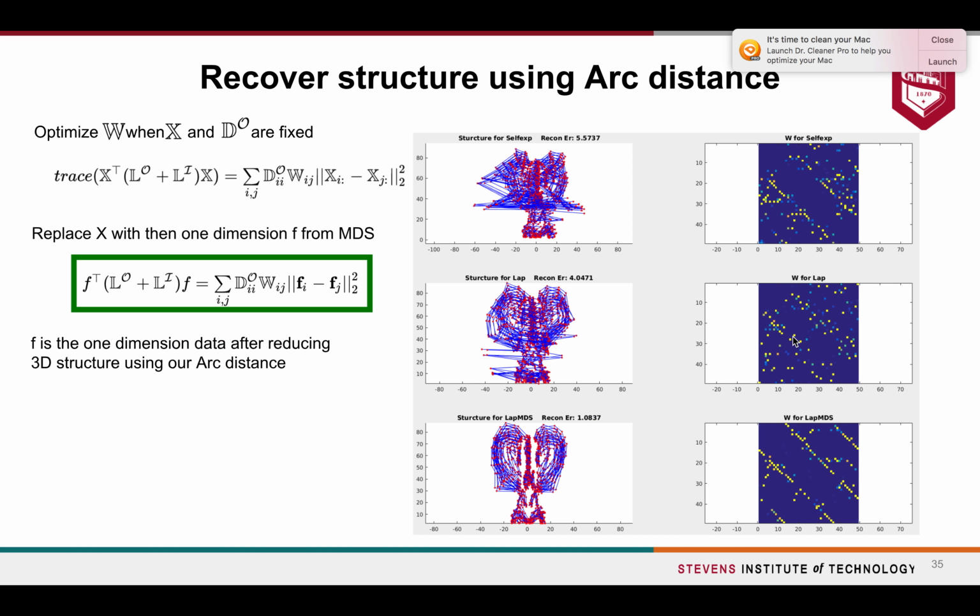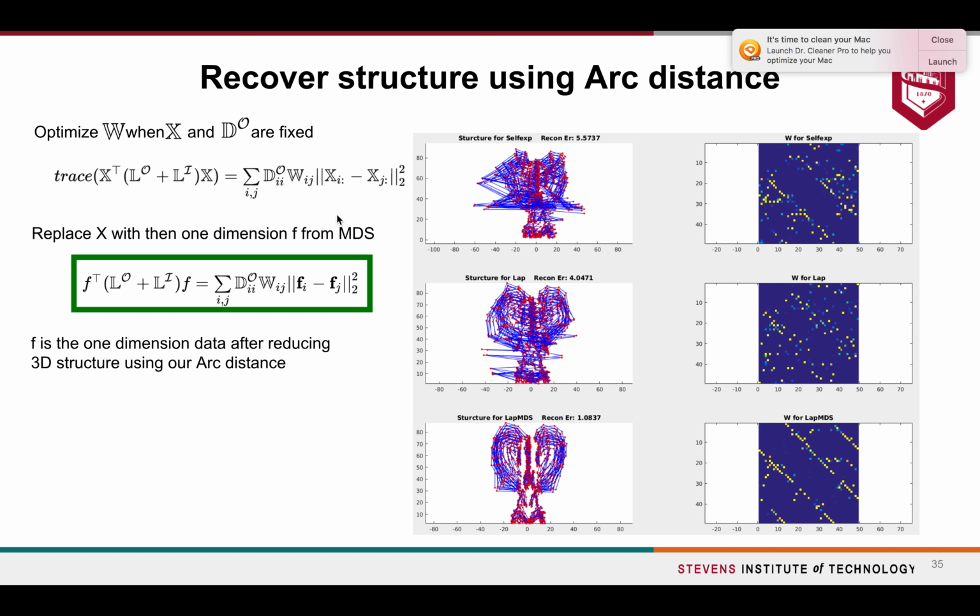Finally, we try to make use of this method for reconstruction in an extreme condition. This experiment has very sparse motion and also repeating. The idea here is that when we optimize the cost function over the width, and when X and delta are fixed, this basically optimizes based on the pairwise distance.